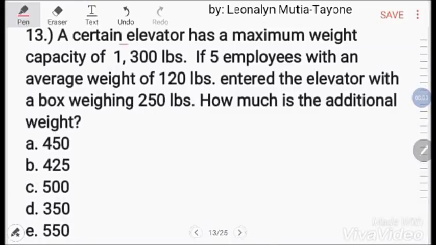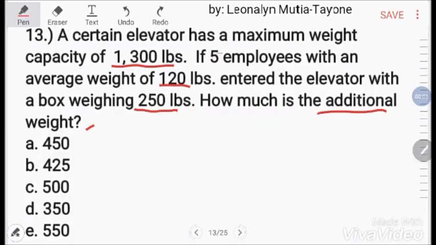Number 13. A certain elevator has a maximum weight capacity of 1,300 pounds. If 5 employees with an average weight of 120 pounds entered the elevator with a box weighed 250 pounds, how much is the additional weight? Additional weight para maging 1,300. Ito yung kinopya ko lang tong problem na to sa mga post.